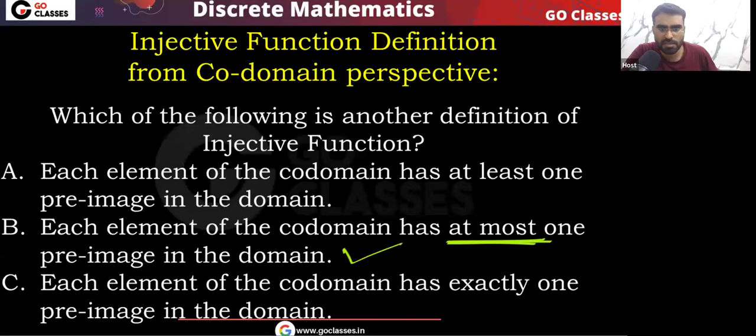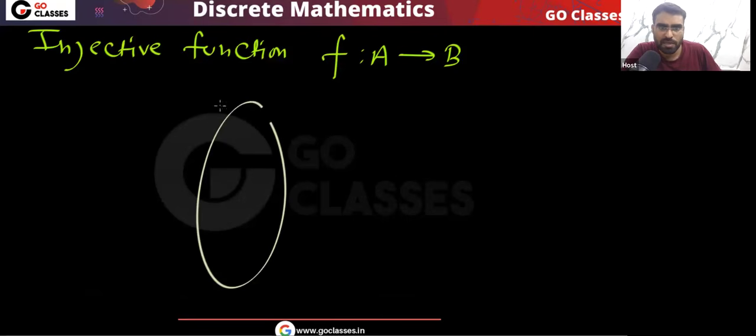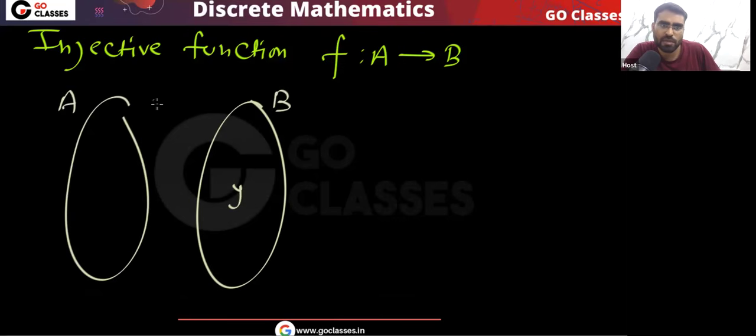Okay. Is this clear? See, in the injective function, notice one thing. You have an injective function f from A to B. Tell me quickly, in this B, if I give you some element y, what can you say about its pre-image? Remember, I am giving you injective function f.